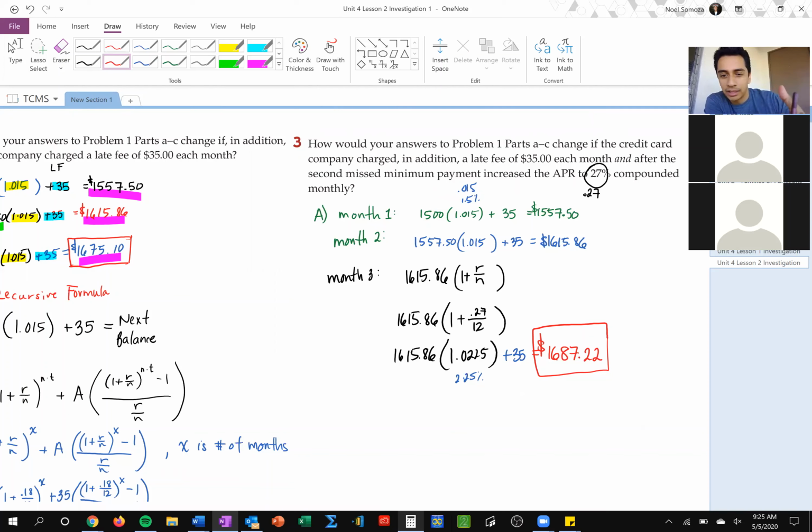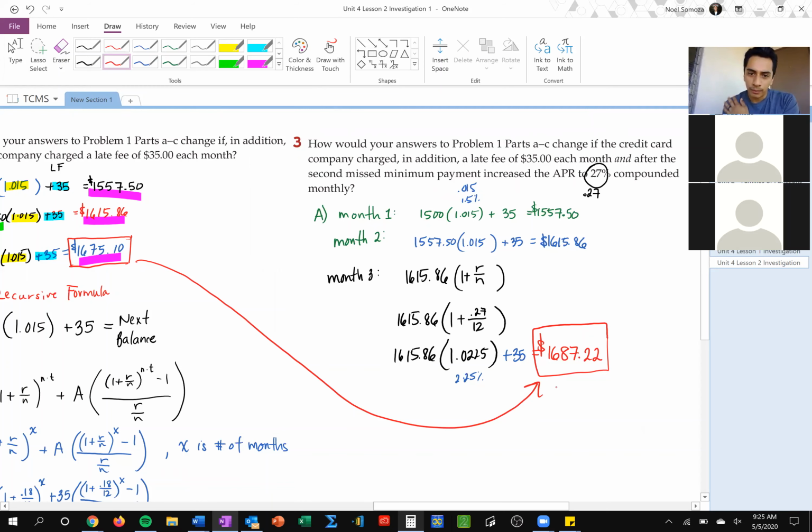But once they increase your APR to the penalty, there's an increase of about $12, just by moving your interest up by not even one full percentage, about 0.75%. It has an effect on that. All right. Any questions so far? We doing okay?